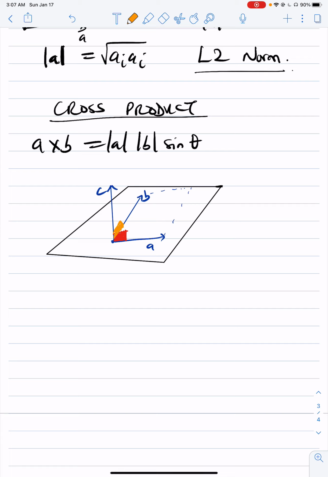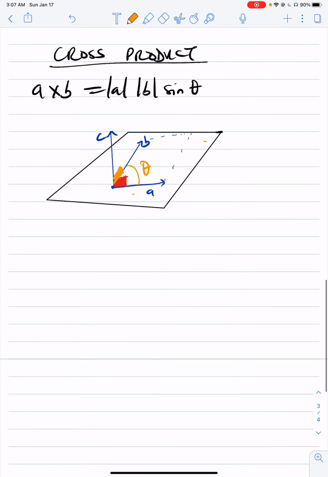So A and B form an angle on this plane itself. A and C are perpendicular. C and B also form one, right? So if you look at this angle, it is theta on this plane. This is the plane itself, right?